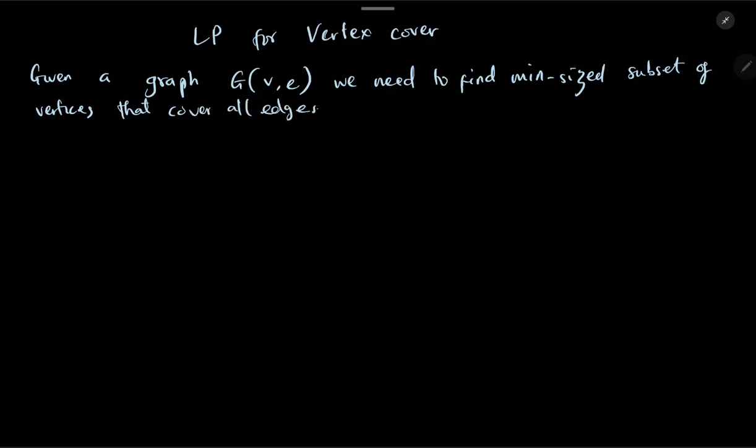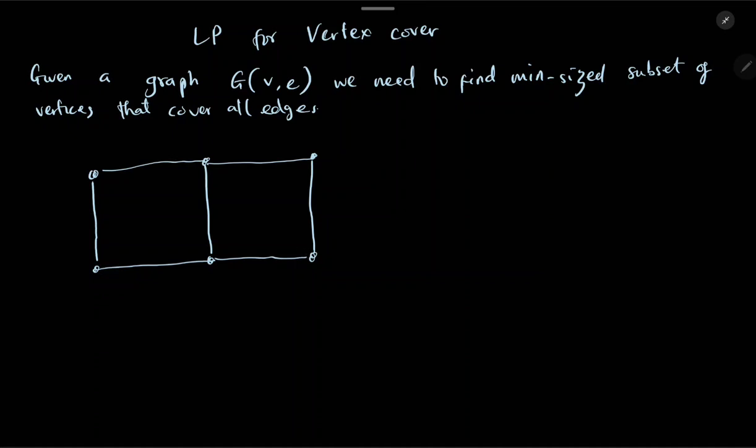So what does this mean? Let's illustrate this with a simple diagram. Consider this diagram where this is a vertex, this is another vertex, and this is an edge. So you have from this to this to this, you have another connection here, and you have these edges.